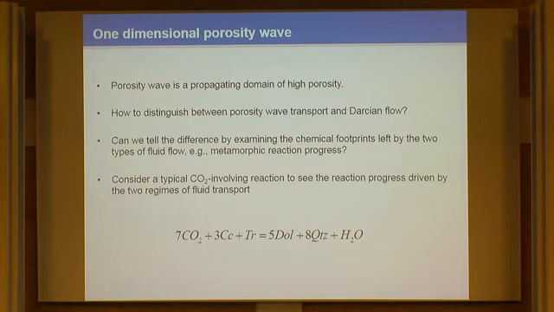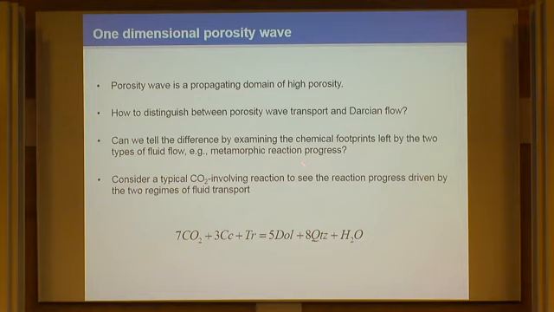So we approach this problem by examining metamorphic reaction progress, because we think associated with porosity waves there are pulsive fluid fluxes, and also fluid pressure that differs a little bit from lithostatic pressure, which may drive some difference that is potentially identifiable in the field.